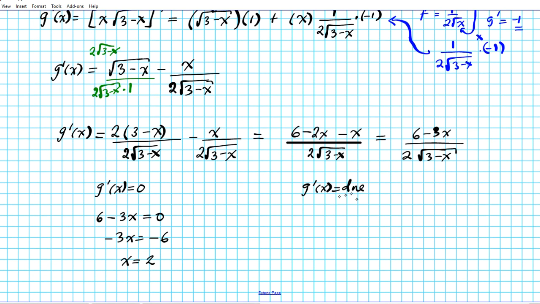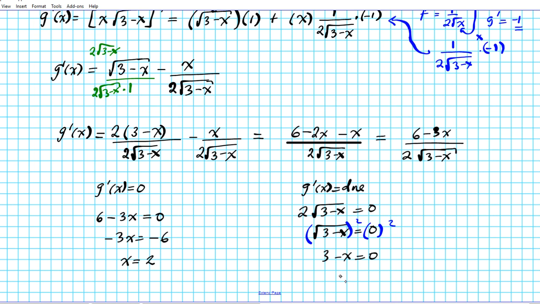Okay, so to find where the derivative is non-existent, we'll take the denominator and set it equal to 0. Now you can divide both sides by 2. That gives you root 3 minus x equals 0. And then you can square both sides of the function, the inverse of square root, and you have 3 minus x equals 0.